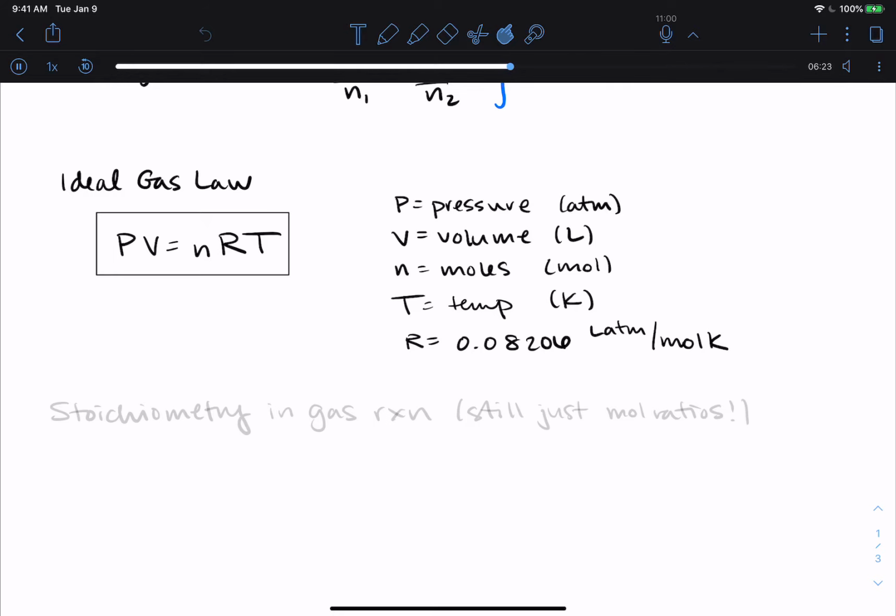Okay, so I want to talk a little bit about stoichiometry in gas reactions, and then we're going to apply that and the ideal gas law to a sample problem. So it won't be a big section because you already know how to do this. Because this is still just mole ratios.